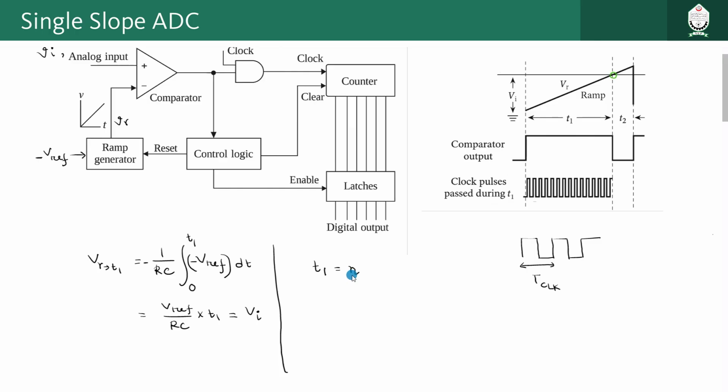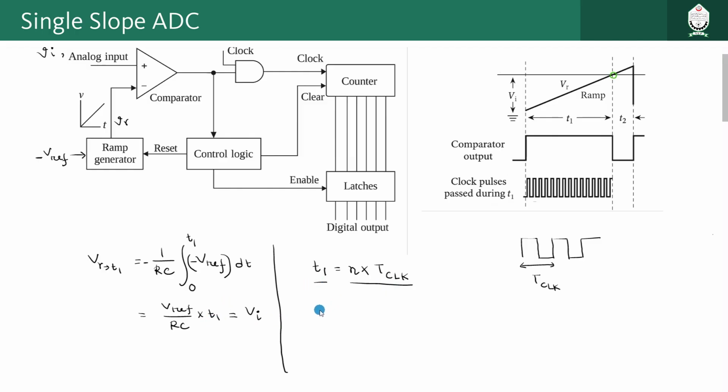So this is that n value, and for each counting step we had to endure T clock amount of time, because after this amount of time one increment was happening in the counter. So the total duration during which we have counted is equal to T1, which can also be represented as n multiplied with TCLK, right? So we can put this value here.